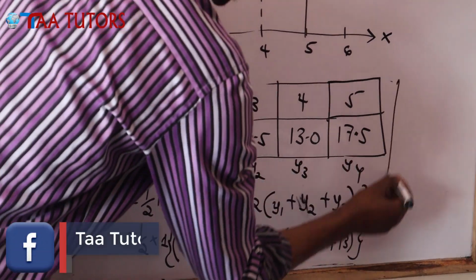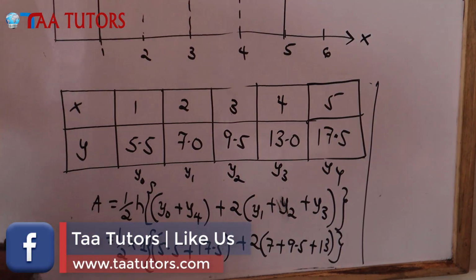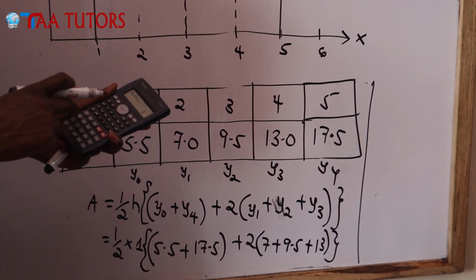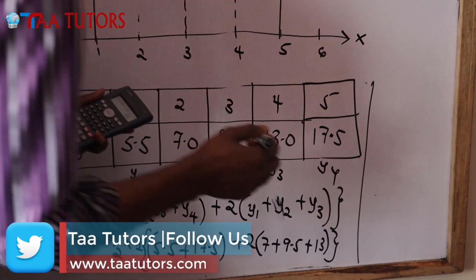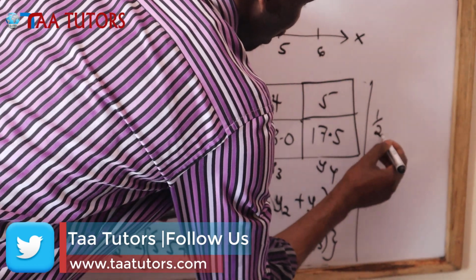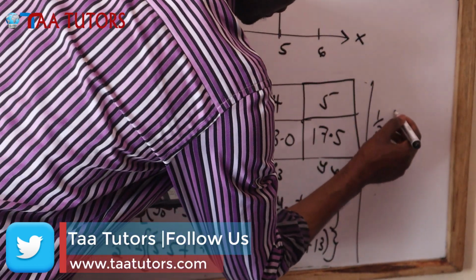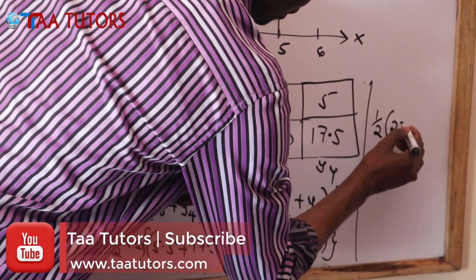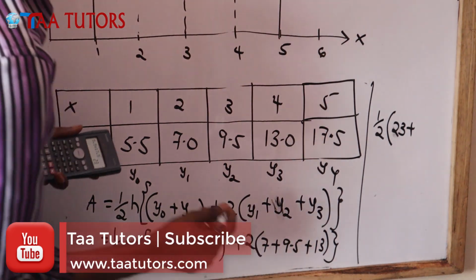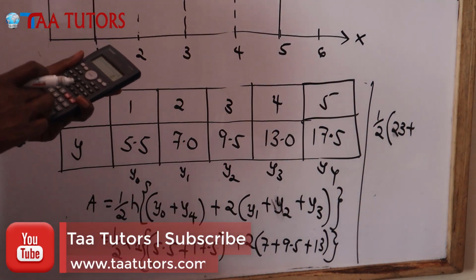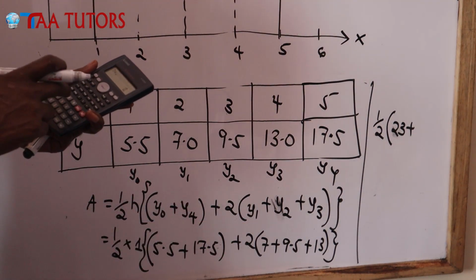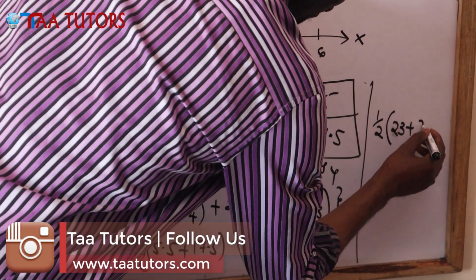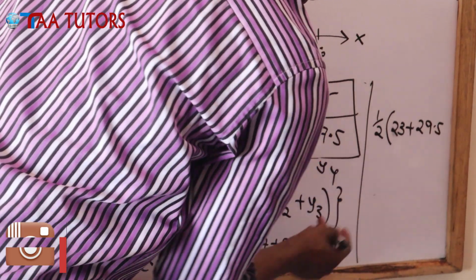So we have that. The next thing that remains is for us simply to do the math, which is 5.5 plus 17.5. That is, we are going to have a half. Half times 1 is a half, in bracket 23, plus 7 plus 9.5 plus 13 is 29.5, times 2.